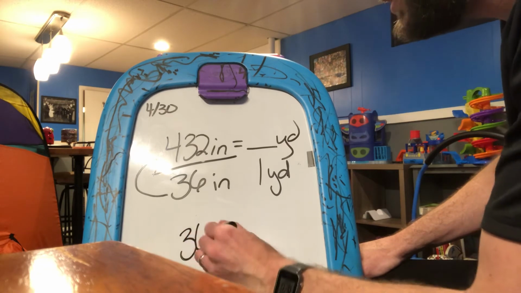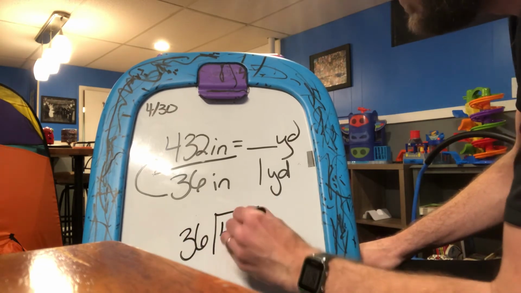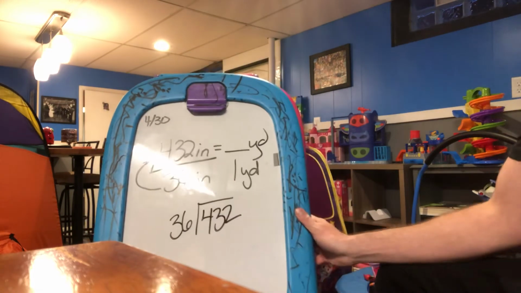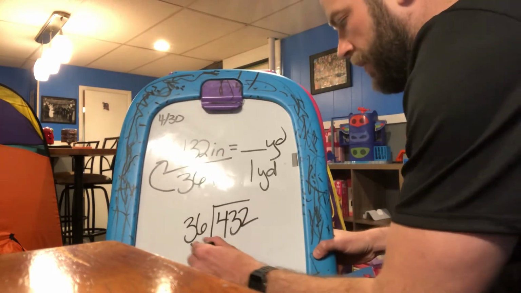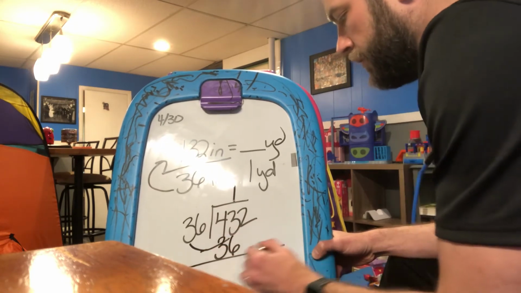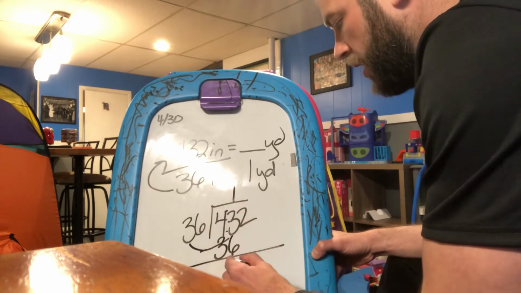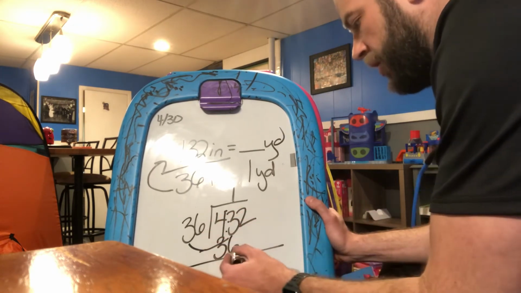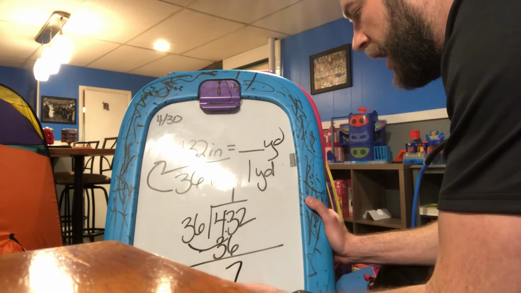How many 36s are in 432? Well, let's pull it back so you can see a little bit more. Right here, there's 1. So 4, 5, 6, 7. Right? Is that right? 6, 7? Yes, it is. How did you do that, Mr. Stowe? I borrowed.